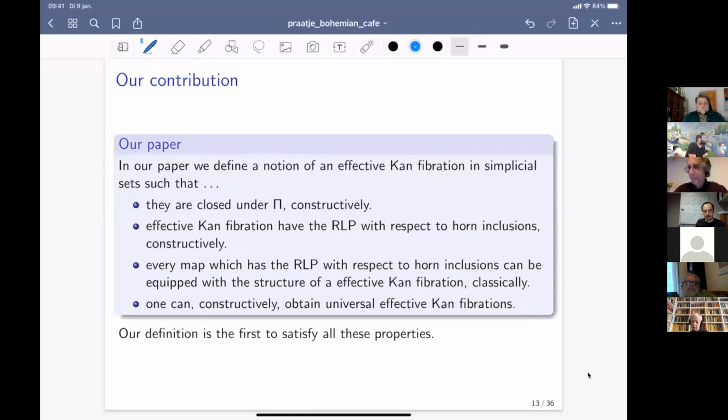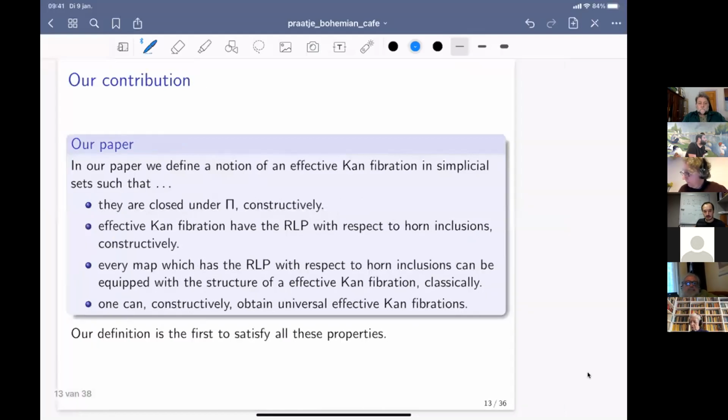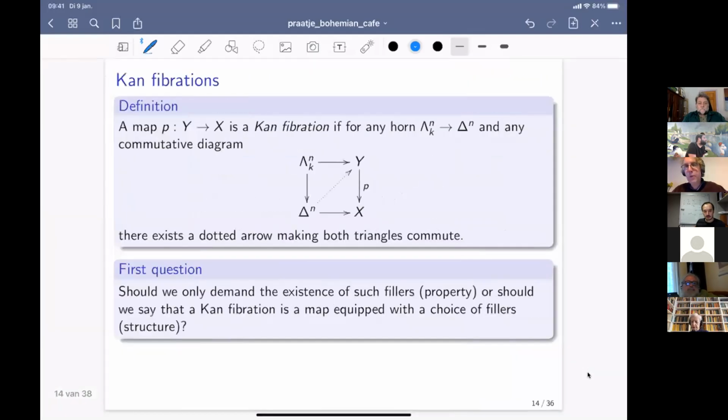All right. So before I go on to talk about our definition, just to get into the right frame of mind, let us think a bit about the classical definition.